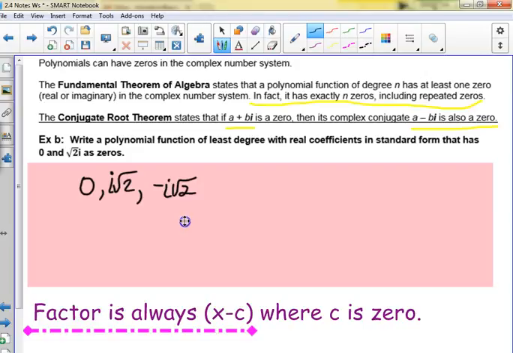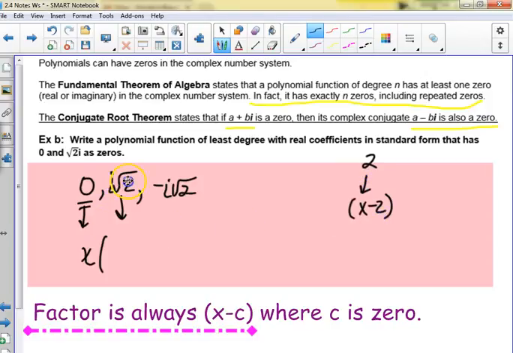All right. We are supposed to write a polynomial function of least degree. Okay, what does this make a factor? x, yes? What would this make a factor? Okay, if 2 is a zero, then what's the factor? x minus 2, yes?